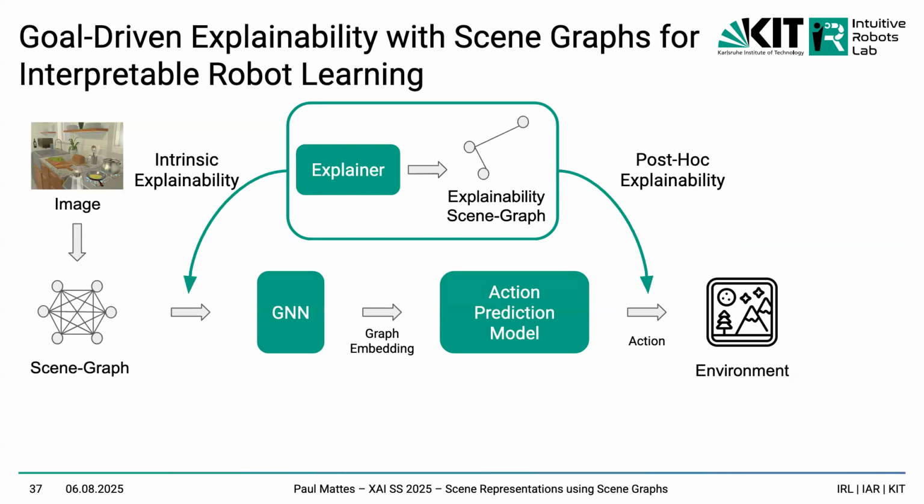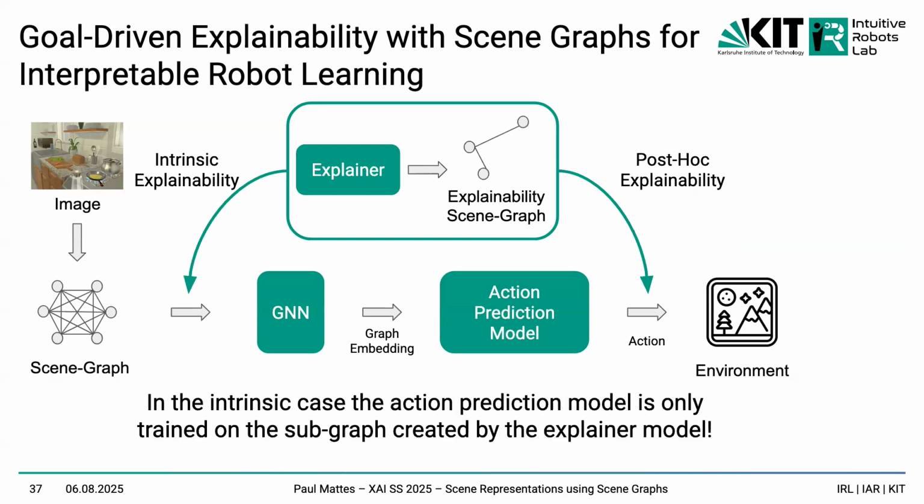It is also important to note that in the intrinsic case, the action prediction model is trained on this subgraph of explainability. So it could be that there is a lot of information which the model does not get, but should still perform equal to when it gets the fully connected graph. If we do it post-hoc, the model actually gets all the information there is in the fully connected graph, and then post-hoc we see what the explanations are.